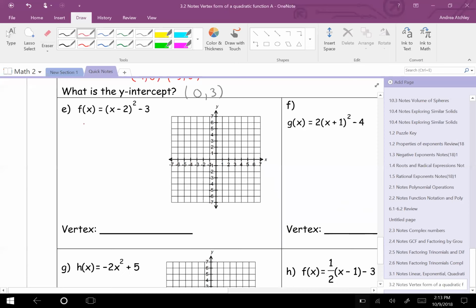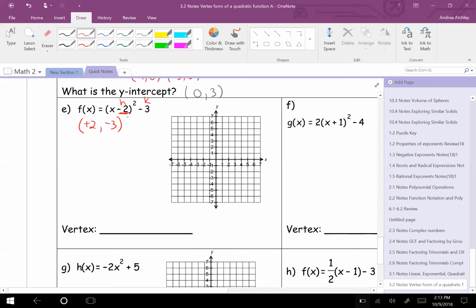What is it? The vertex, HK. It's an ordered pair. All right, which one changes signs? The H does. So this becomes +2 and -3.